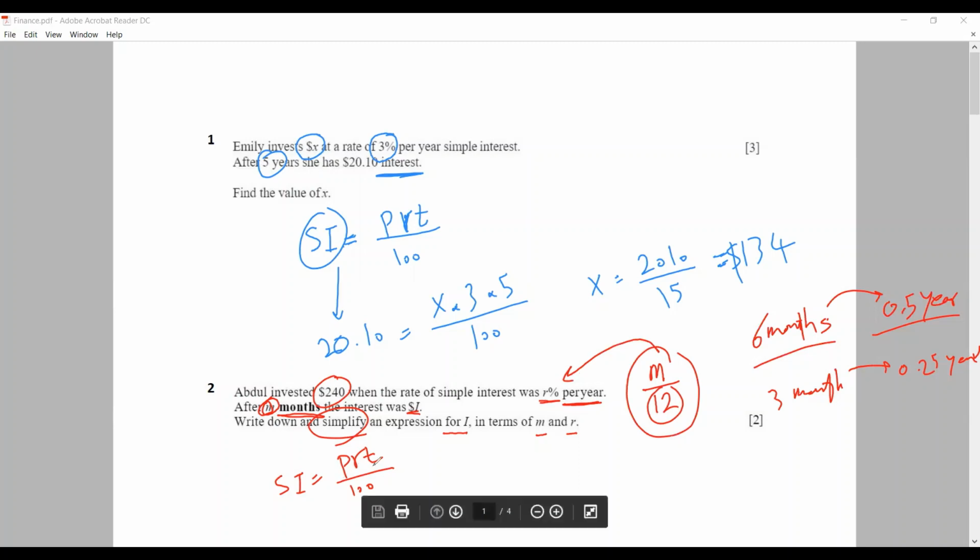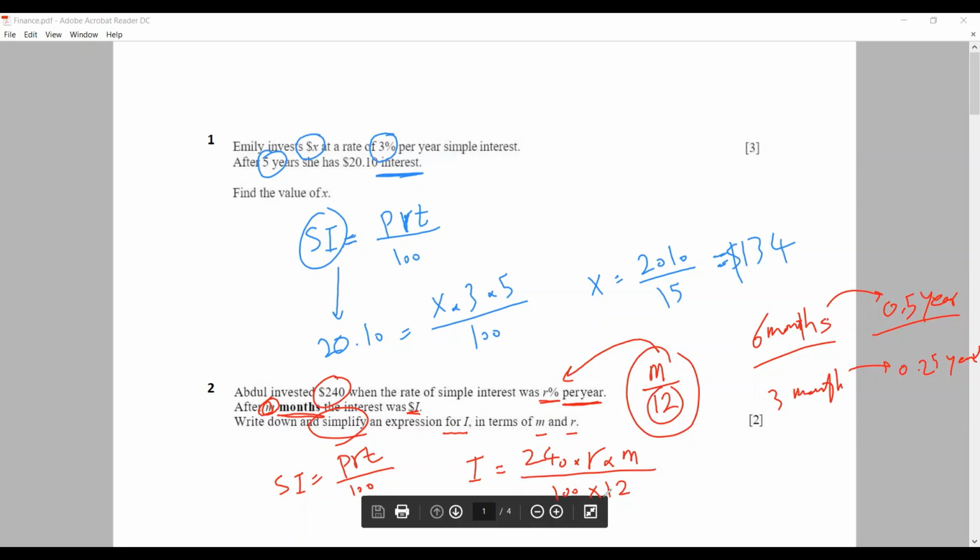Now you just go ahead and replace everything. So the interest I is equal to P is 240, R is R, T is M over 12, and we have to multiply it, of course, by 100 in the denominator.